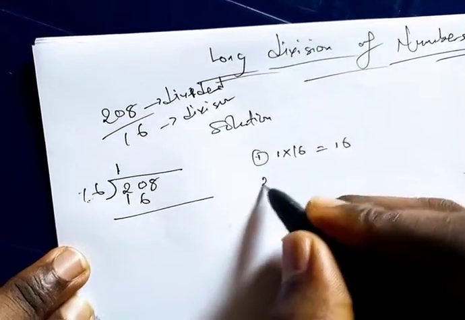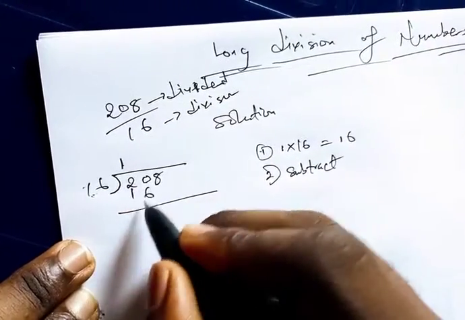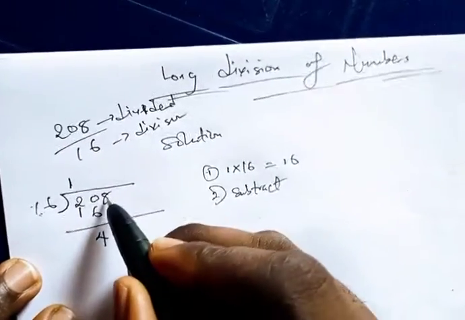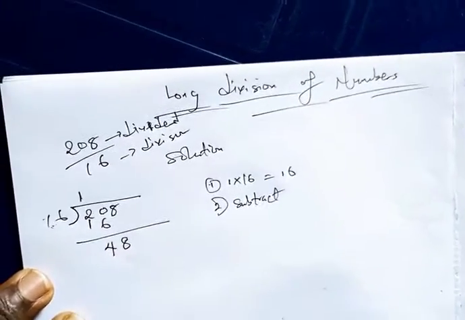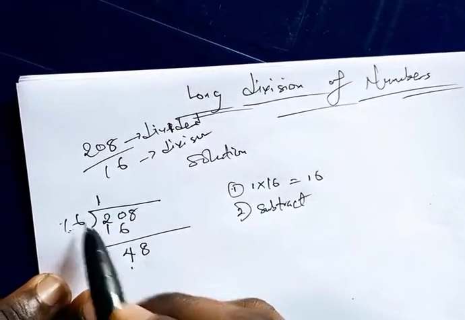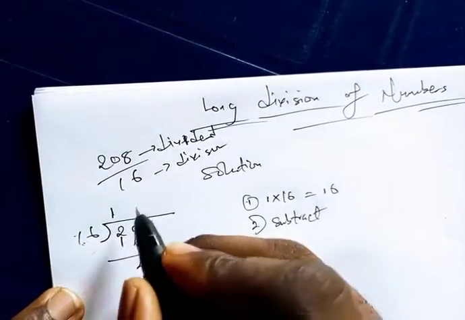So the second step is to subtract. So we subtract 16 from 20, we get 4. And now we bring our 8 down. Then we ask ourselves, can 16 go into 4? No, but 16 can go into 48. It can go 3 times.